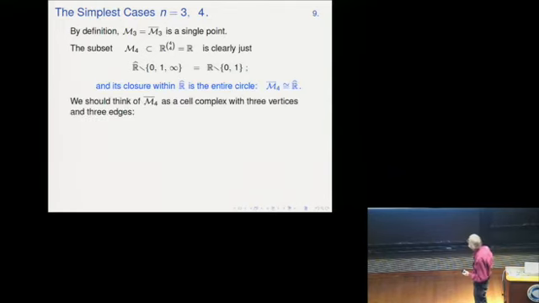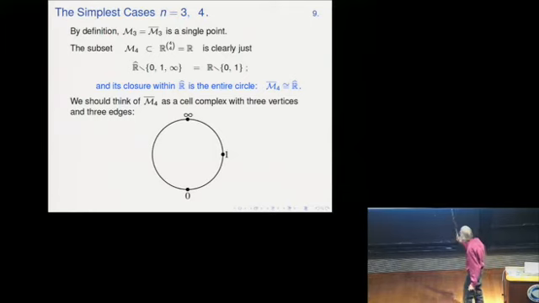We should think of this as a cell complex with 3 vertices and 3 edges. There are 3 exceptional points, 0, 1, and infinity, which correspond to elements of moduli space represented by only 3 points, where one of them is doubled, and the remaining points, which are represented by 4 distinct points.